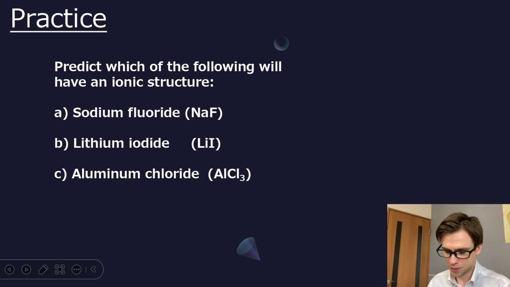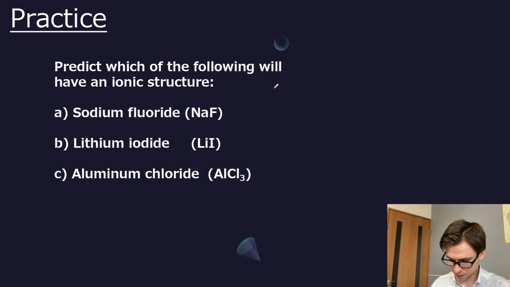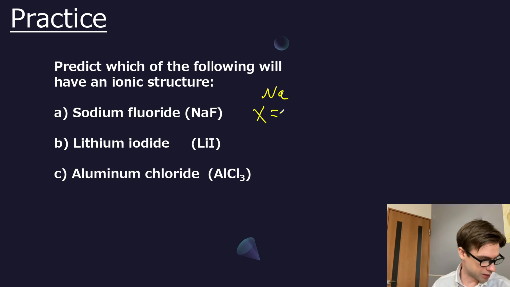Okay, a little practice here. Predict which of the following will have an ionic structure: sodium fluoride, NaF, lithium iodide, LiI, or aluminum chloride, AlCl3. So if you check the electronegativity difference of these, if you check sodium, I think the electronegativity is about 0.9.